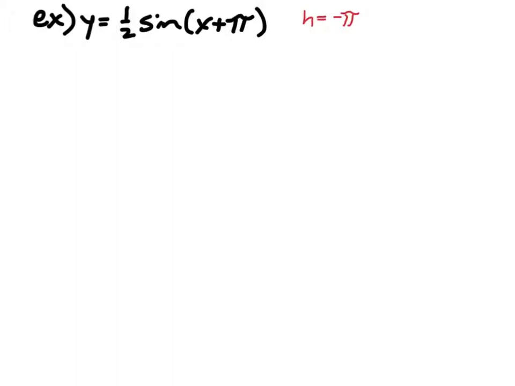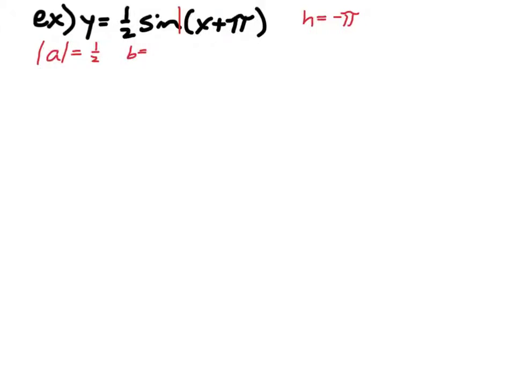Now, we always start, we have our x-axis. We know that our first point on the x-axis is whatever h is, so in our case negative pi. Then we're going to add our increment to it. So let's figure out the increment. What's my amplitude first off? 1/2. Okay, what's b?